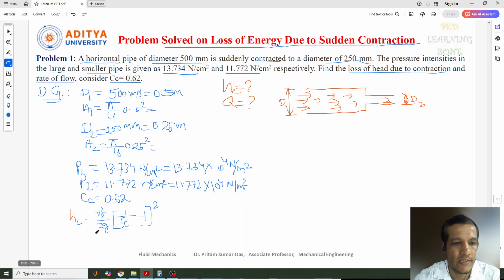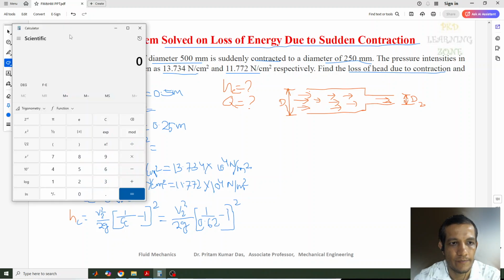So this is the value of Hc. Now we can simplify this: V2 square divided by 2g, into bracket 1 by Cc, where Cc is 0.62, minus 1, whole square.